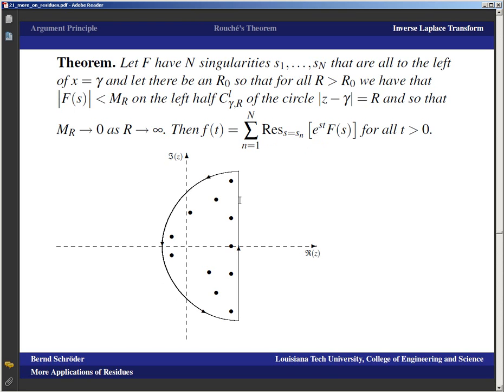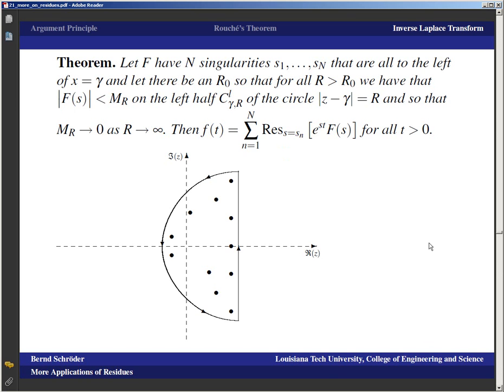And then, and that's something we've done with the calculus of residues now several times, if we let this vertical line segment approach the full vertical line, and if we let the radius of the circle go to infinity, as long as in some fashion we can get rid of the integral along the semicircle, we get that this sum will be the integral along the vertical line.